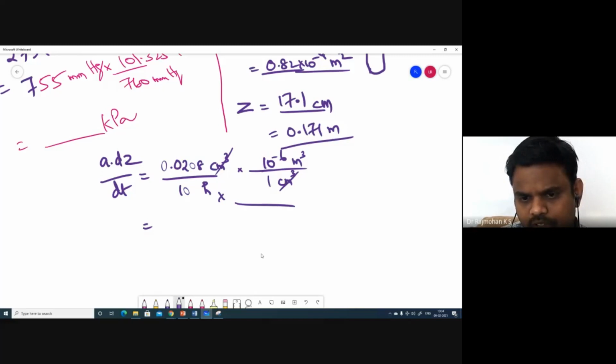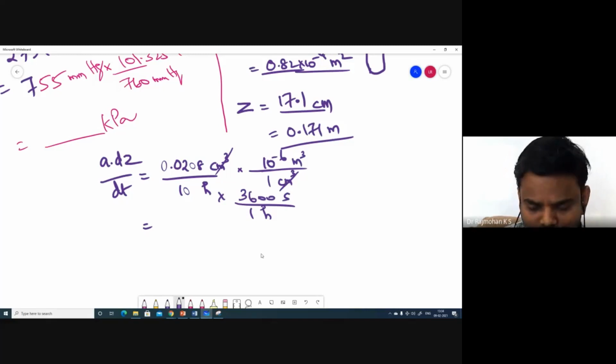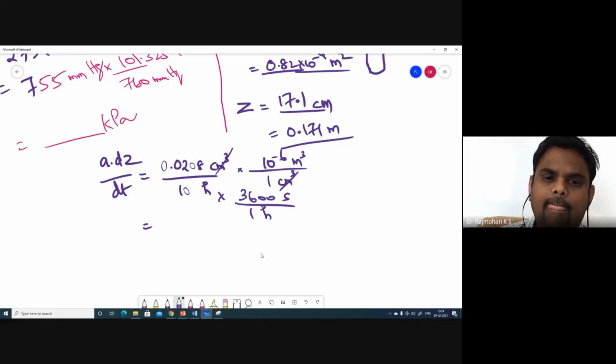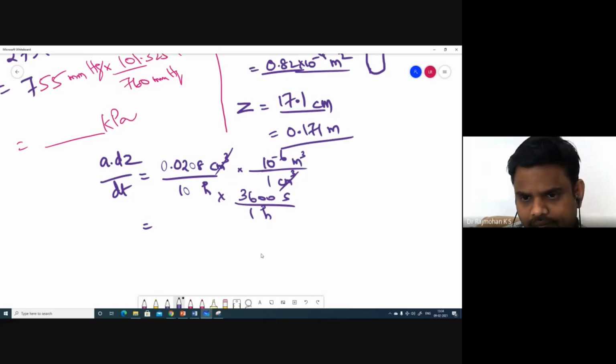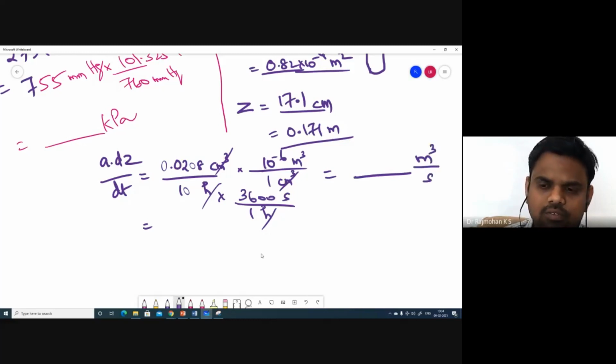Similarly, 1 hour is 3600 seconds. So what is the value here? So the units get cancelled and we have the value in meter cube per second.